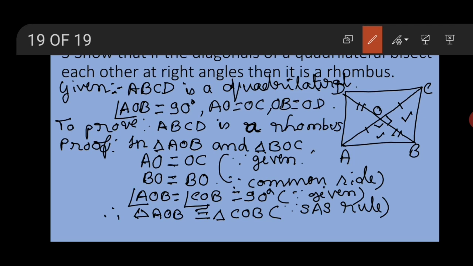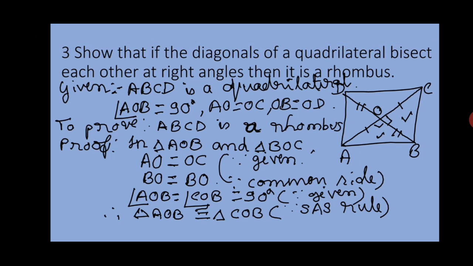Now if you are able to say these two triangles are congruent, then their corresponding parts are also equal. Therefore AB is equal to what? Can you tell me? Easily we can say, because AB is the side opposite to the 90 degree angle, we look for the side opposite to 90 degrees in the other triangle.